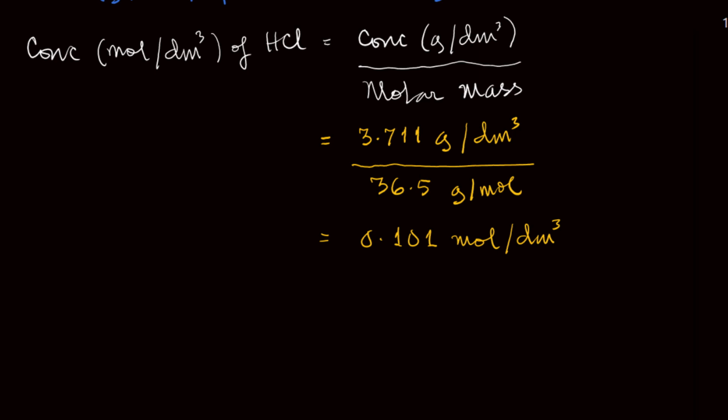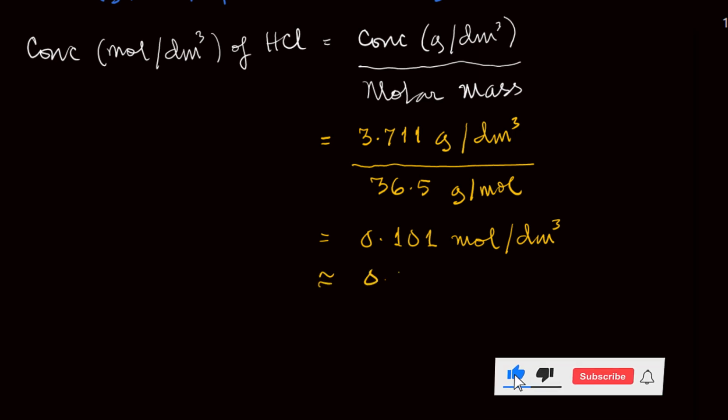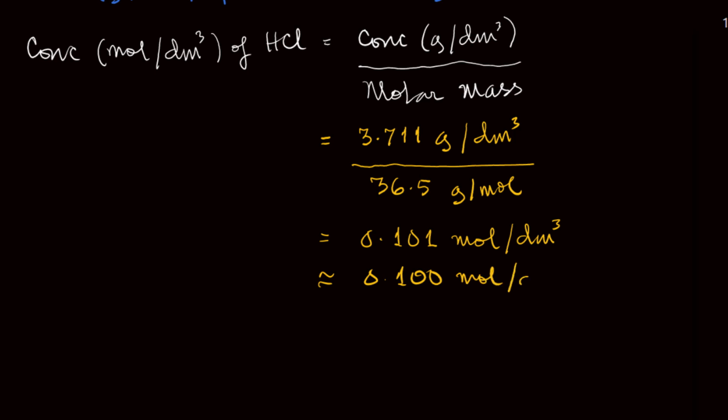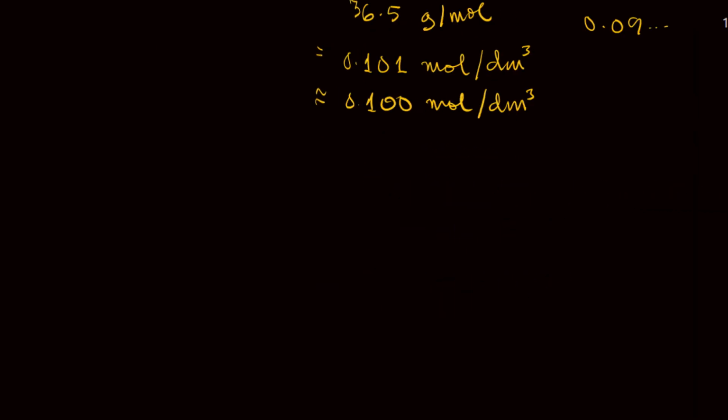Approximately, it is 0.100 mole per dm cube. Some of you may get 0.09 something mole per dm cube, which is approximately 0.100 mole per dm cube. Good.